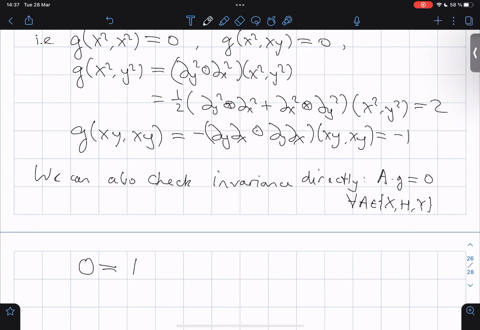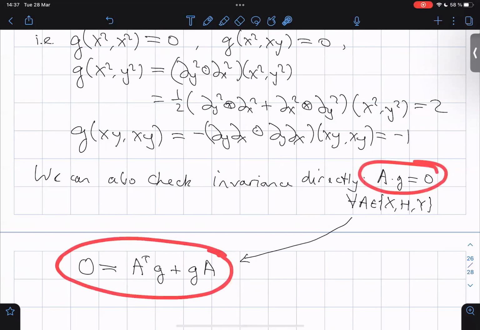This means that A transpose G plus G A is equal to 0. This is how you were used to thinking about it in the first month or so. Another way of expressing it is just A acting on G. This is the action on a symmetric bilinear form. So I'm spelling this out here.